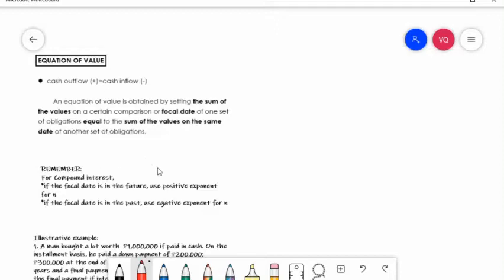our formula here for future is equal to present multiplied by 1 plus i raised to n. If the focal date is in the future, use positive exponent for n.